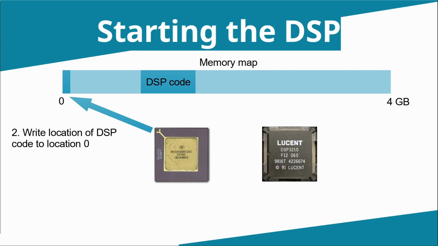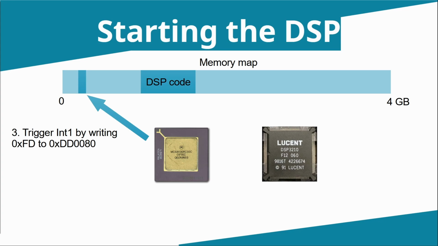What we need to do is to write into location 0, in the lowest part of memory, the location of where we preloaded the code we want the DSP to run. Then when we're ready, we trigger interrupt 1 on the DSP by writing FD to the control register.